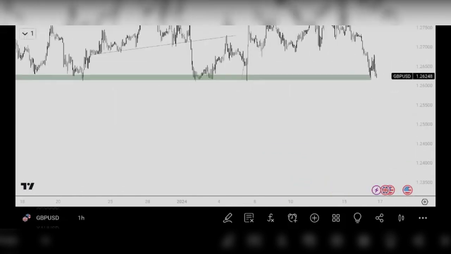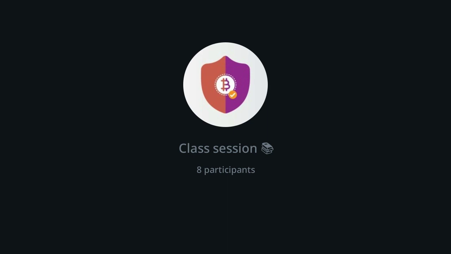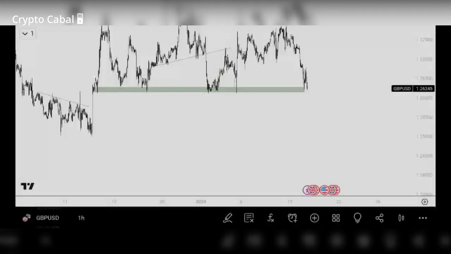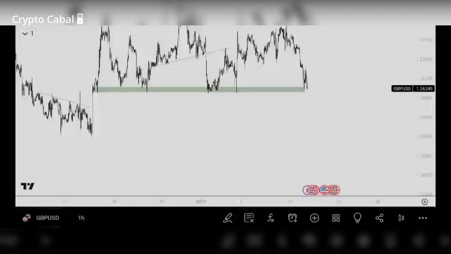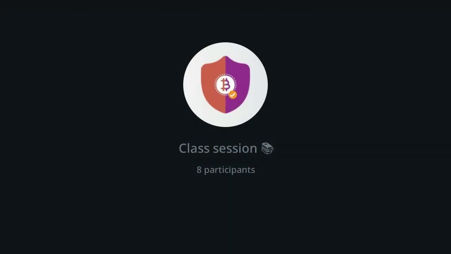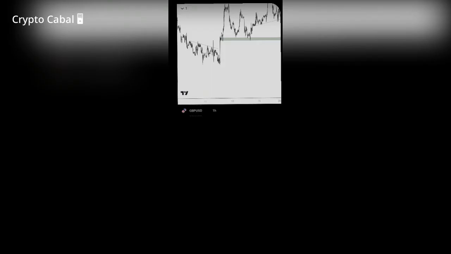But most importantly, this particular support and resistance works more perfectly on some pairs. Not all pairs will you be able to use them, most especially if you've not backtested them properly. So I think this is where I'll be stopping for today. As I said, I won't be going deep into what I've not introduced already.